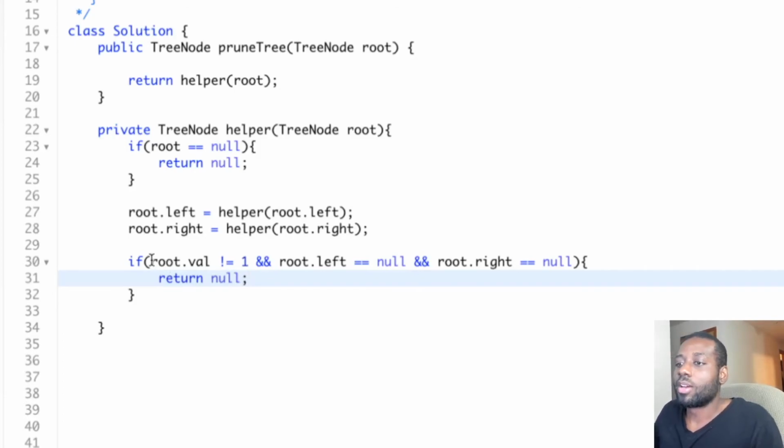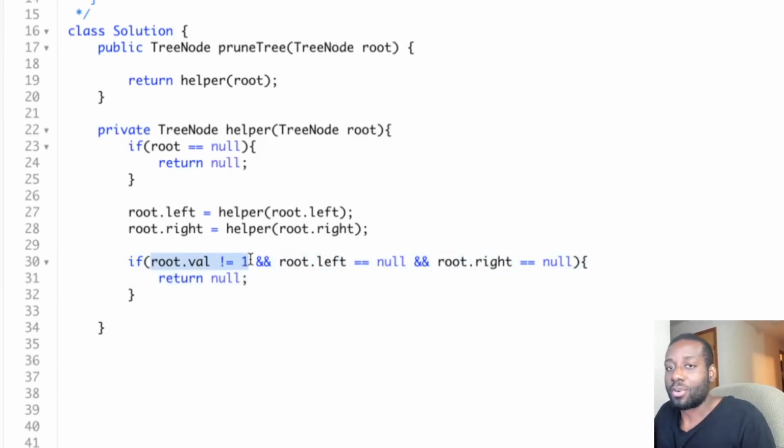So if the root value that I'm on right now is not a one, and my left side and my right side are both null, meaning we set them to null, there's not a one in my left subtree or my right subtree. That's the case where the node that we're on is zero, and there's no one on my left side, no one on my right side. It will return null.